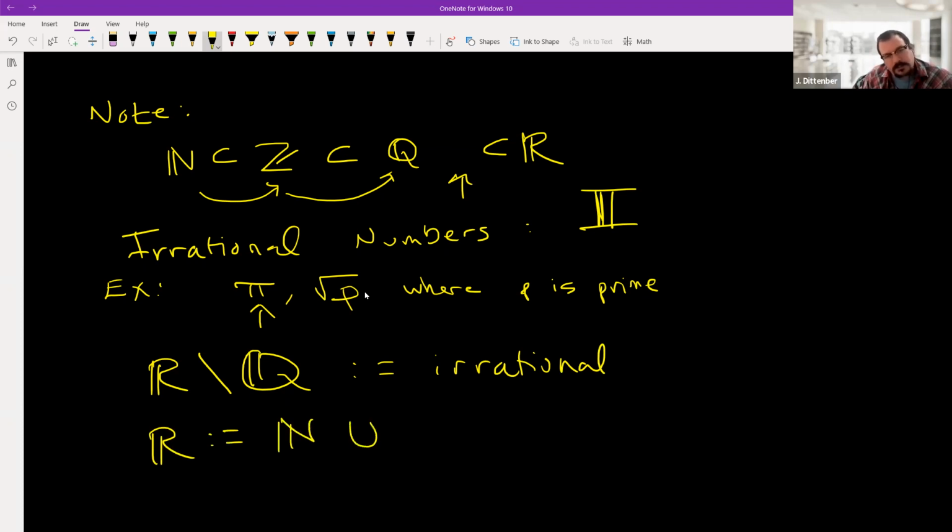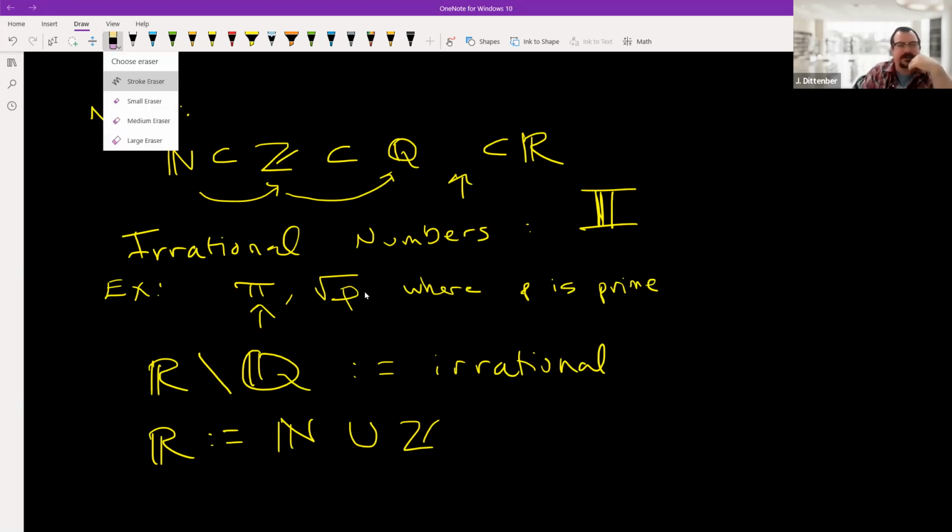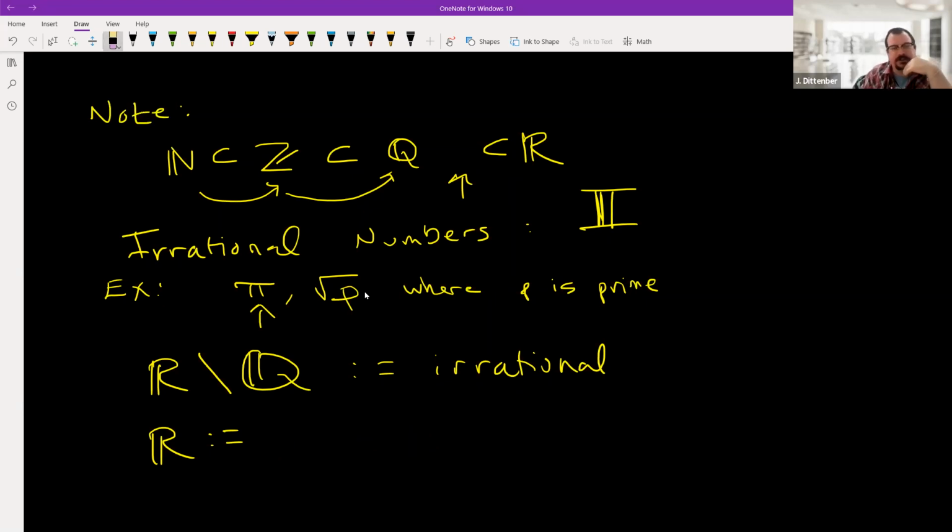Okay, and so then we can define the real numbers to be the union of all of these numbers. Well, actually, maybe I shouldn't write it like that. Let me just try to write it down like this. It's the union of these two sets, Q and not Q. Is that right?